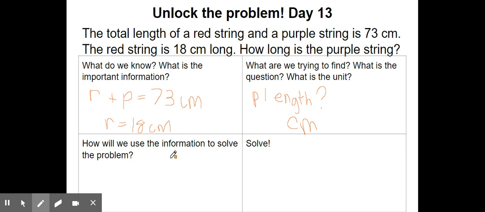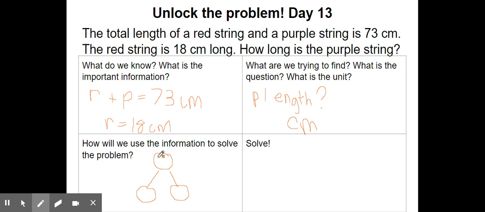So to help me think about it, I'm going to draw a quick number bond. And I'm going to see if I can fill it in using the important information from the box above. Pause the video for a minute and think about how you would fill in our number bond. Do we know the whole? Do we know the parts? Do we know a whole and a part? Take a minute to think.